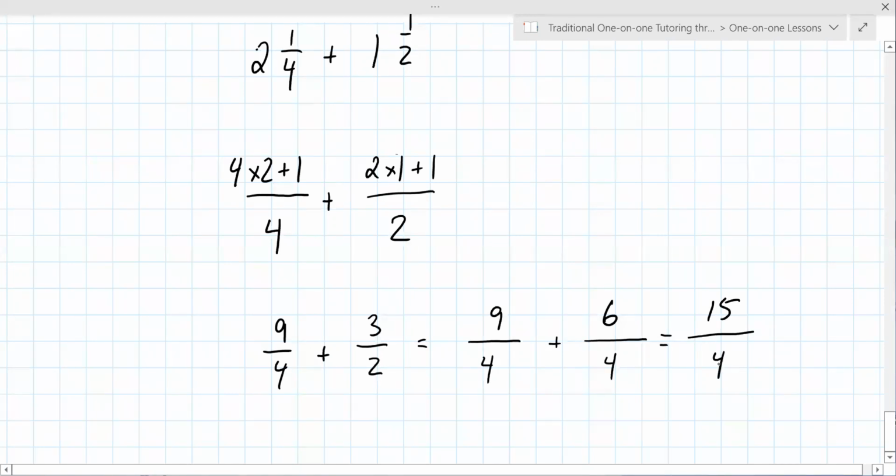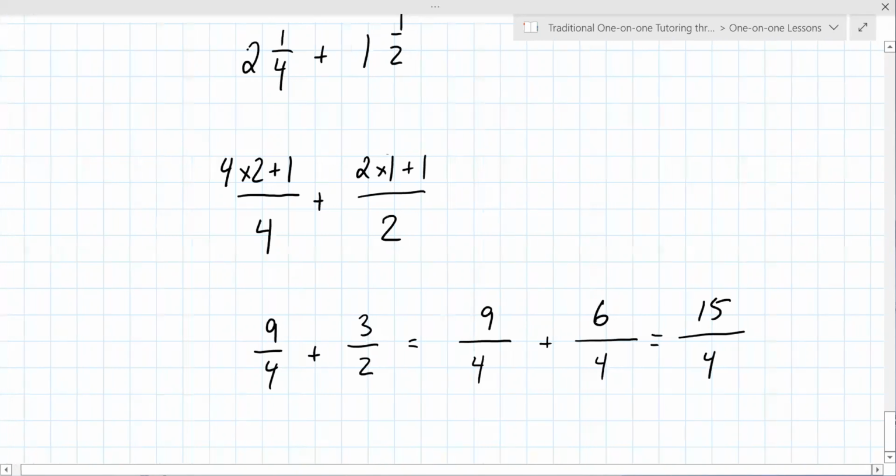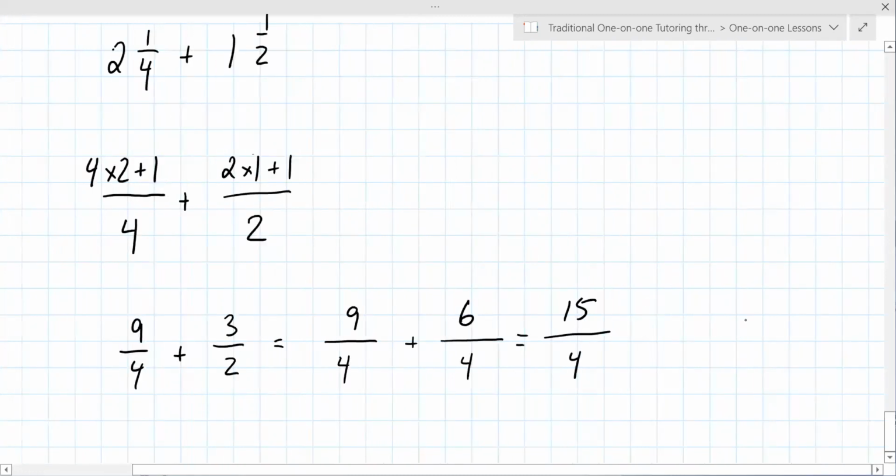So this is where it's like, well, can we reduce this fraction? Maybe this is where you've been struggling in the past. Okay, so let's see here. Does 2 work? No. And then 3, 3 doesn't because 4 is not a multiple. And then you go to 5, but 5 wouldn't work, right?